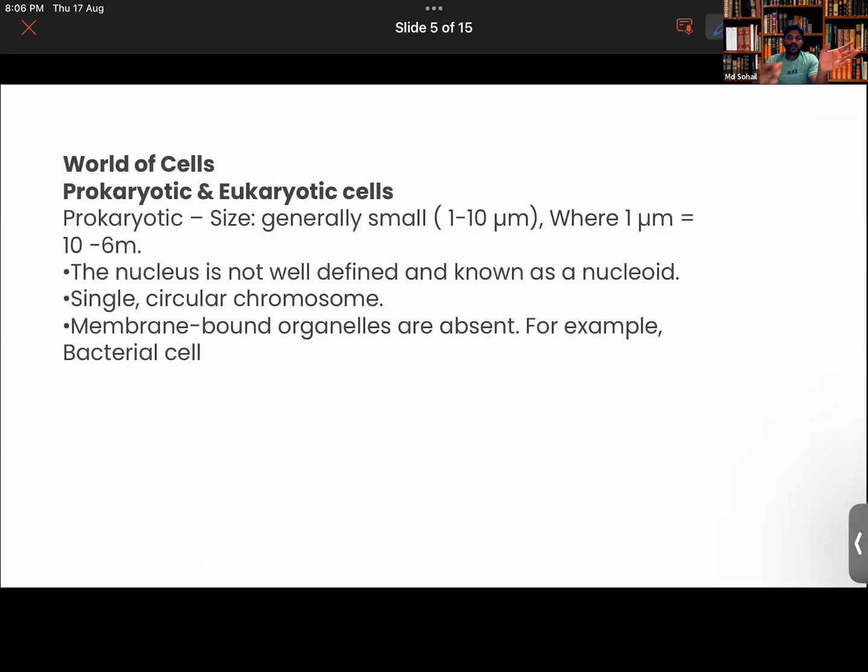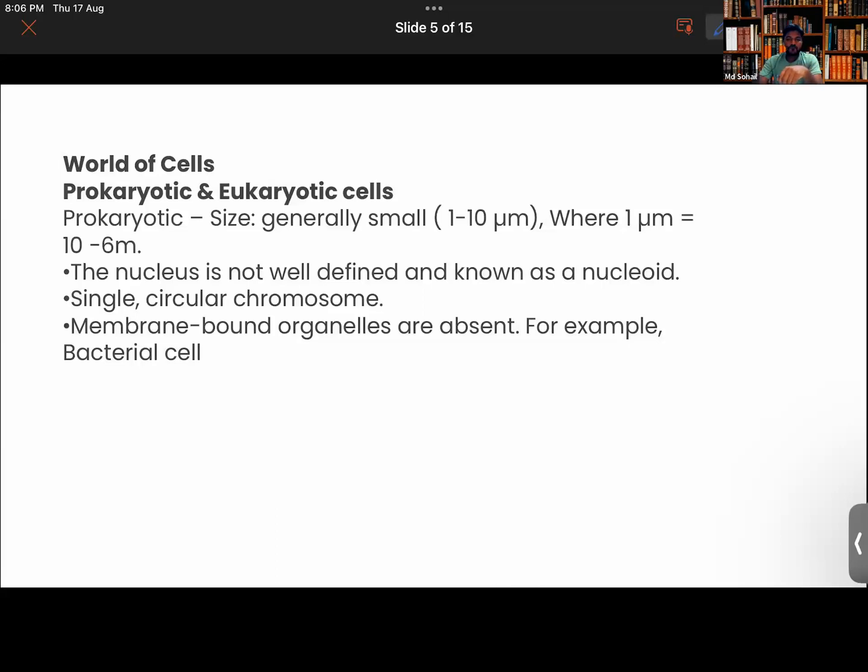Now moving on, let's begin another important discussion. Like the life that existed on Earth millions of years ago, and the cells that were found in organisms back then, and the cells that are present now. The cells that were present millions of years ago and the cells present in organisms nowadays are completely different. How is it so?